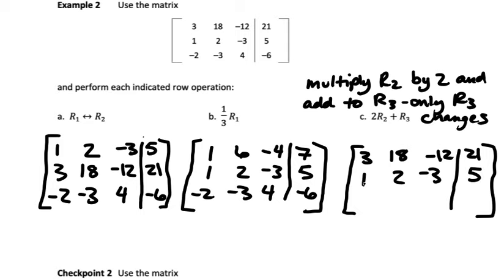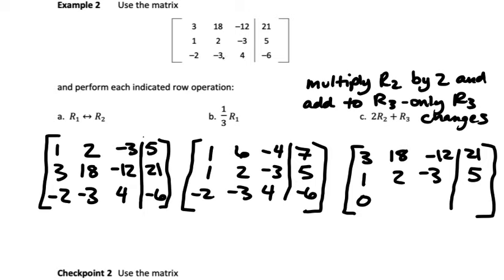So what I'm going to do is multiply row 2. I can either look up here at my original or down here. I'm going to multiply whatever's in row 2 by 2 and add that to row 3. So 2 times 1, add that to negative 2. That's 2 plus negative 2, and that's 0. I'm going to multiply this by 2 and add to row 3. 2 times 2 is 4.